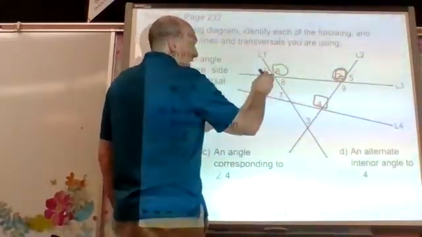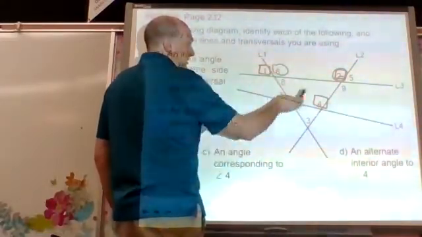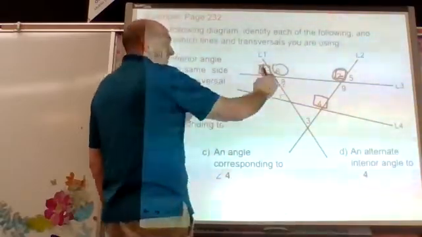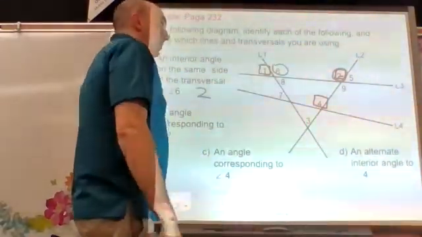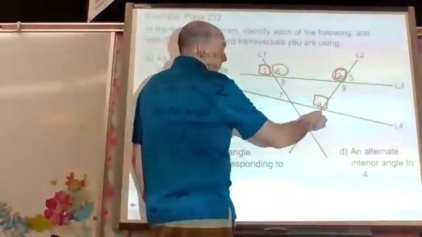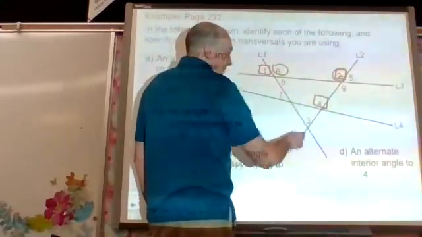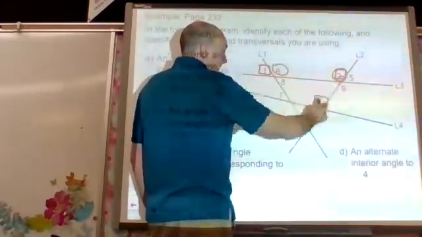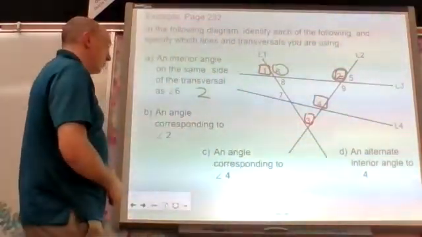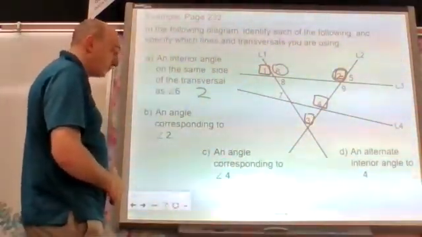We also have number 1, which is corresponding because it's on the same line. It's also above the line and to the left of the line, so the northwest quadrant, if you want to call it that. We could even look at 3 if L2 is my transversal and I'm looking at L1, not 3. So all of those would be corresponding to 2.